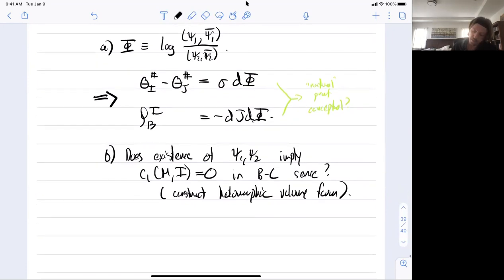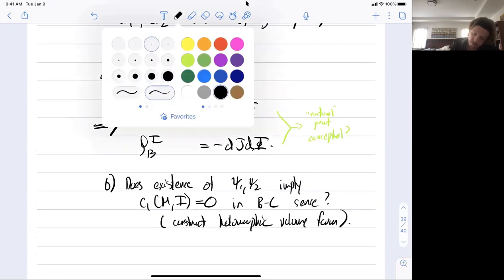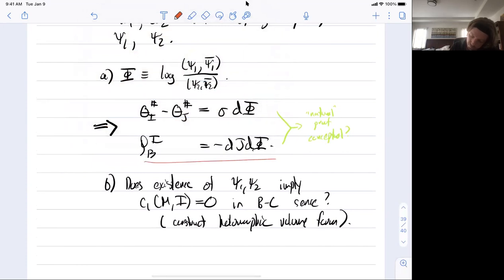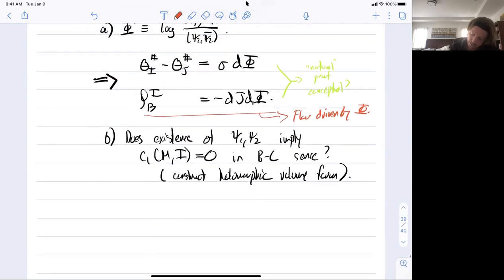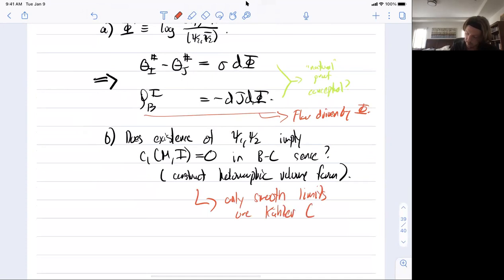And in particular, this implies that the flow is driven by phi in this natural way, unifying all the different cases. And here, if this is true, by this argument that I've referred to a couple times, you obtain that the only smooth limits are Kähler Calabi-Yau.